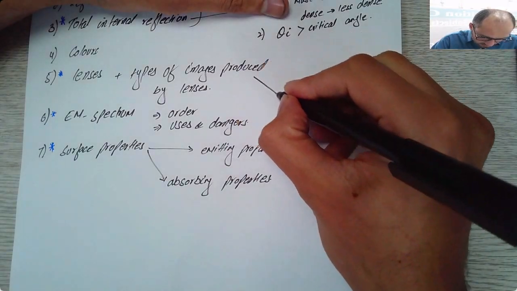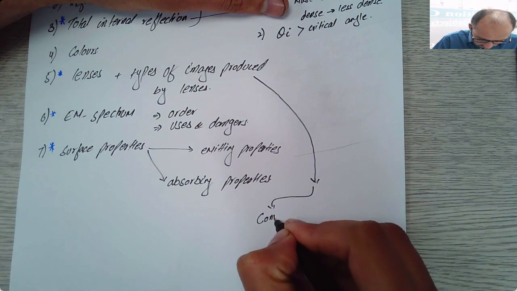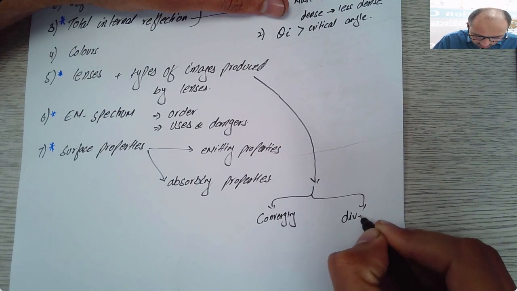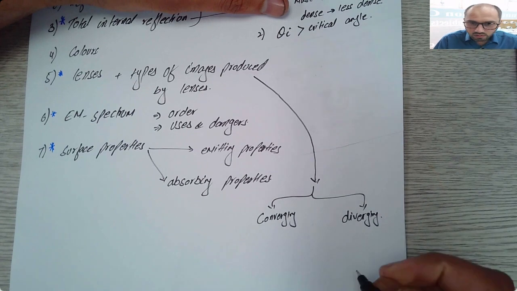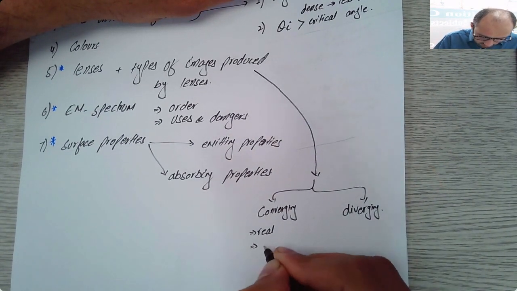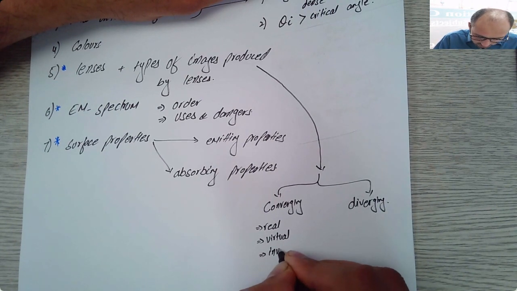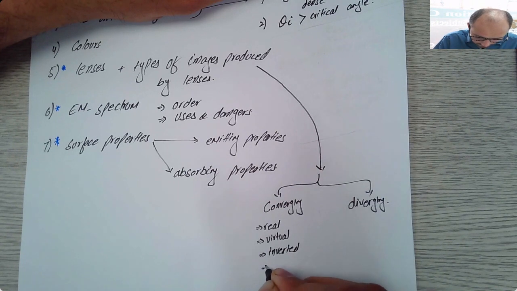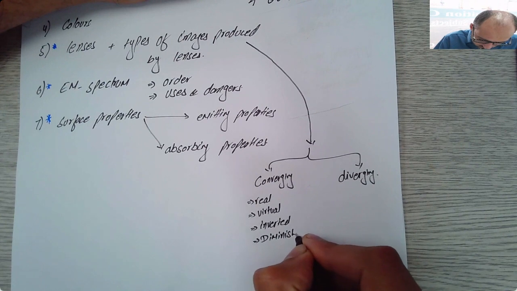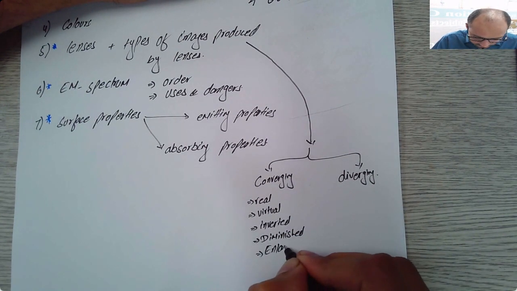From the lenses, you can say there are 2 types, converging and diverging. Now the converging lens can produce real, can produce virtual, inverted, diminished and enlarged images.